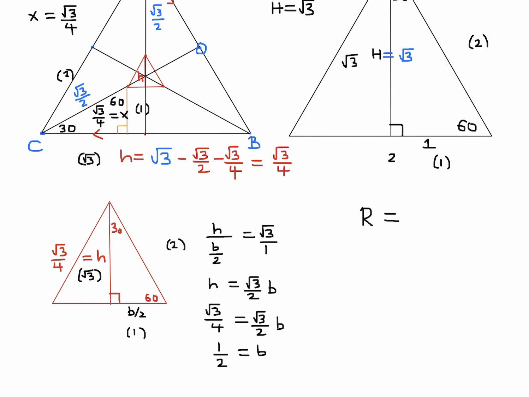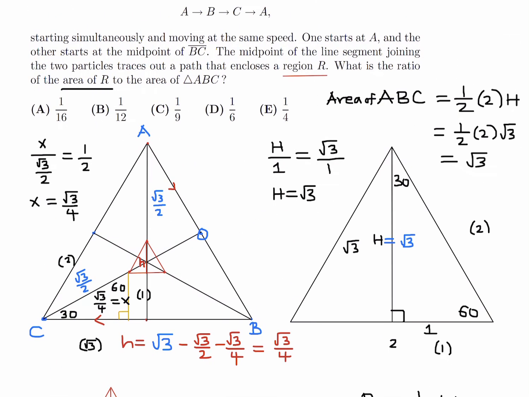So now I can figure out the area of the small region R. R is really just the area of this small triangle. 1/2 base times height is equal to 1/2 times the base, which is 1/2, and the height, which is root 3 over 4. So that is root 3 over 16. And ABC I had figured out earlier was root 3.